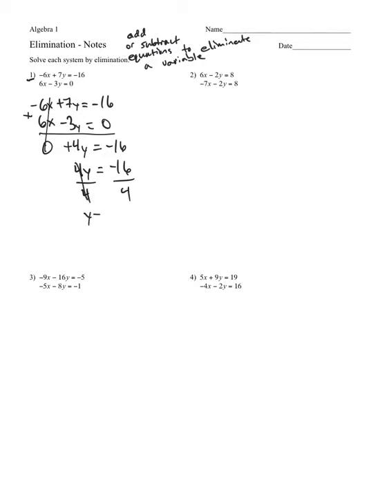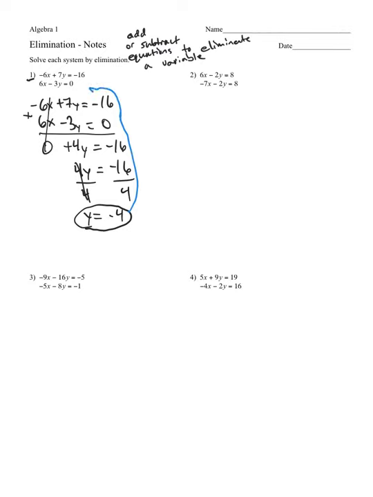You can solve that equation, as I just did there, by dividing by 4, and you've solved the system for one variable. After you solve the system for one variable, you have to solve for the other. So at this point, you take this variable and plug it into one of the first two equations.